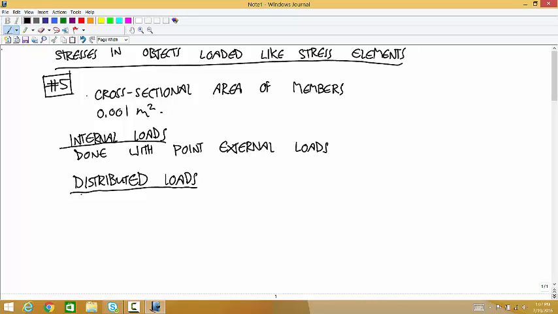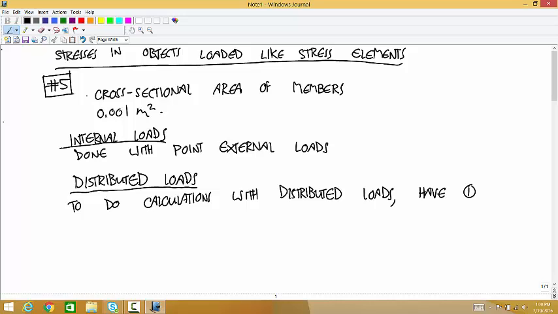But to do calculations with distributed loads, you have to do two things. You have to first calculate the total force applied by the distributed load.